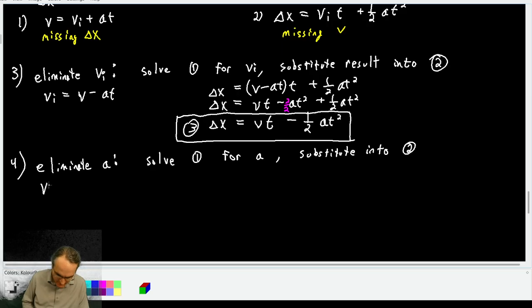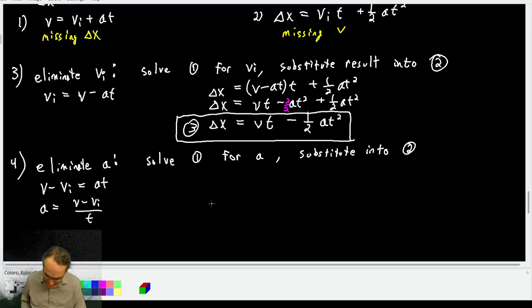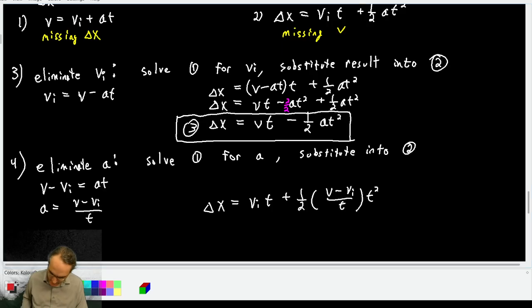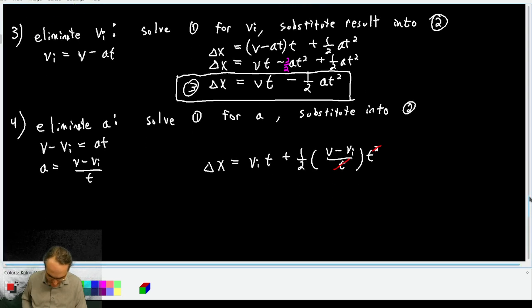Alright, this has to be done in 2 steps. So v minus v initial is at, and that means acceleration is v final minus v initial over the time. Alright, substituting that in. Delta x is equal to v initial times t plus 1/2 v minus v initial over t times t squared. We get to do some cancellation there. We get rid of the t, and then we'll distribute what's left.